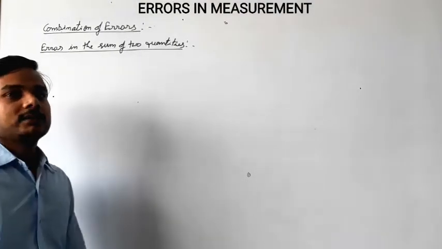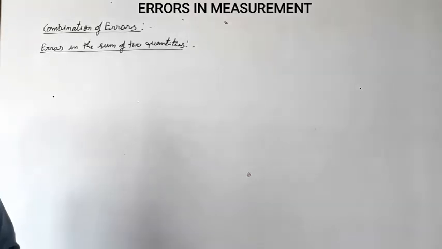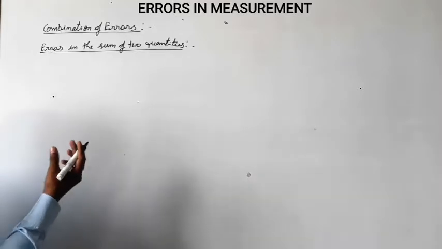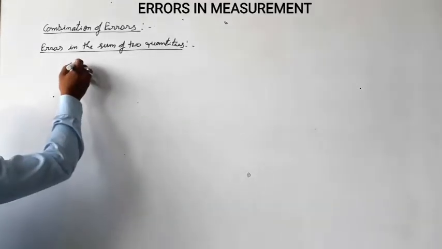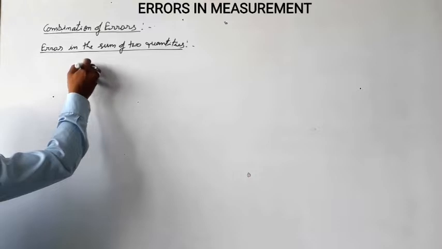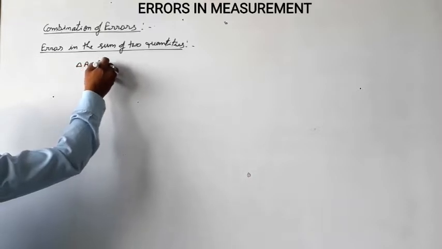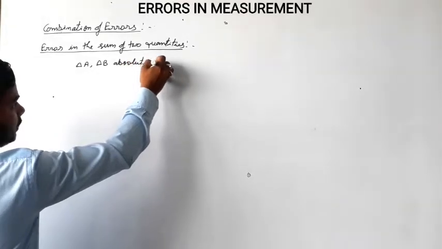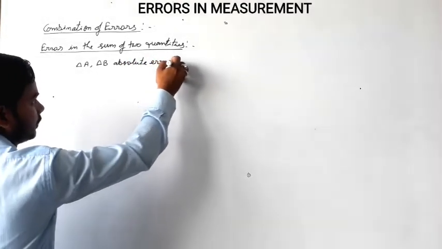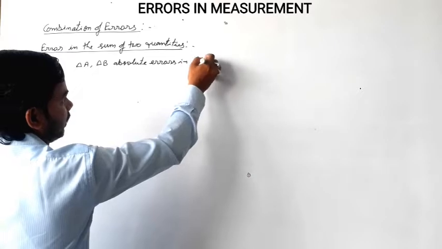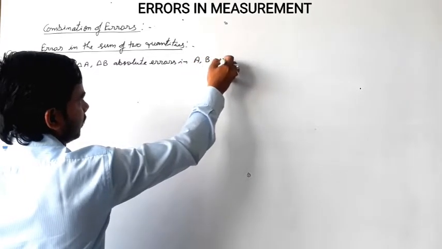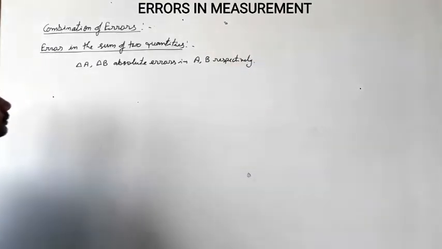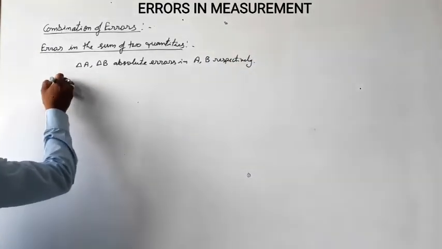Now the next topic is errors in the sum of two quantities. We consider two quantities A and B, and the absolute errors of A and B are delta A and delta B respectively.